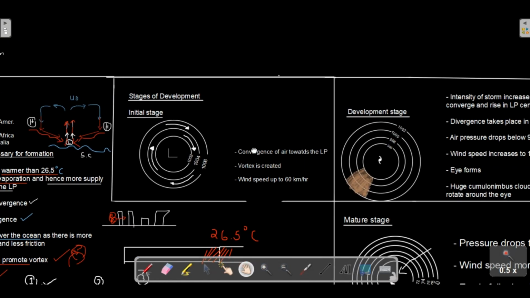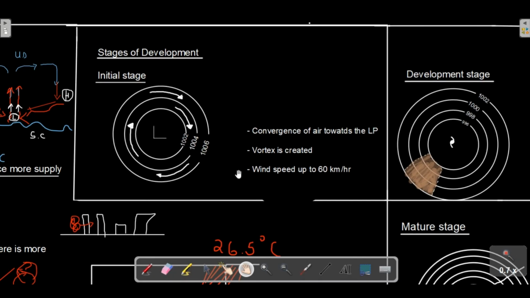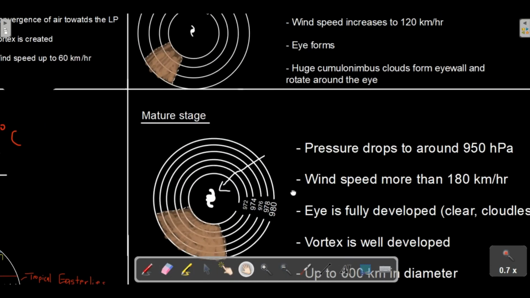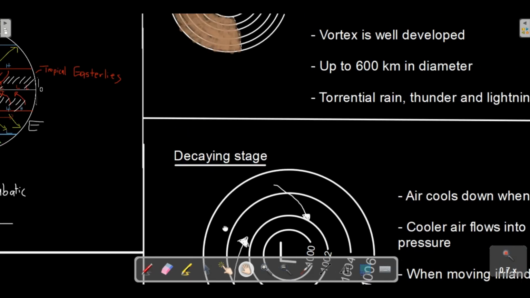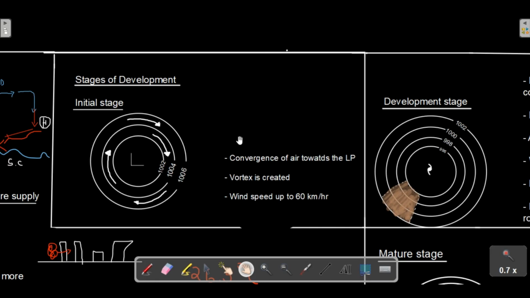Similar to the mid-latitude cyclone, we have four stages of development here as well. We have the initial stage, the development stage, the mature stage, and the decaying stage. And like the mid-latitude cyclone stages of development, you have to remember all these stages.